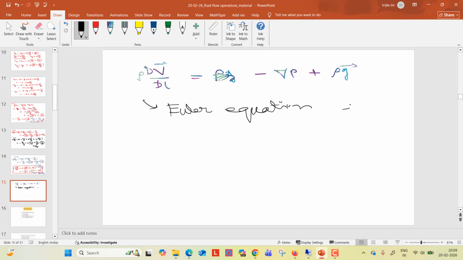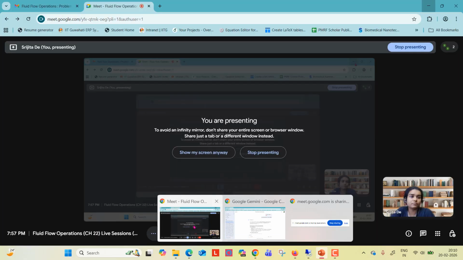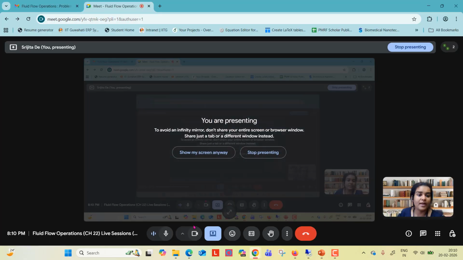Now there are different definitions and problems along with it, which have already been taught in detail in the lecture, so I'm not going through them again. You have already seen the Cartesian form of the Navier-Stokes equations in the x, y, and z coordinates.